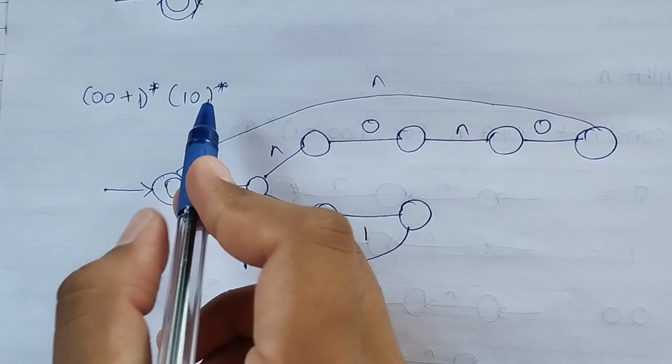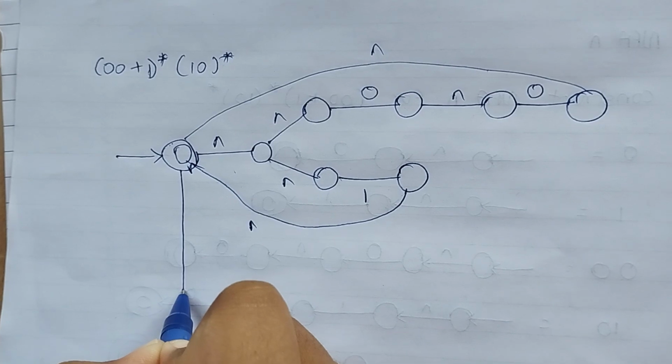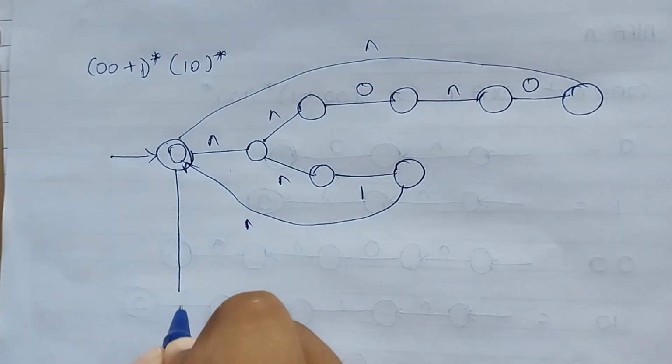Now this 1 0 star, so we connect this to the another initial state of this 1 0.